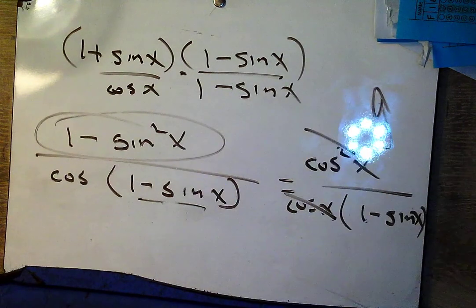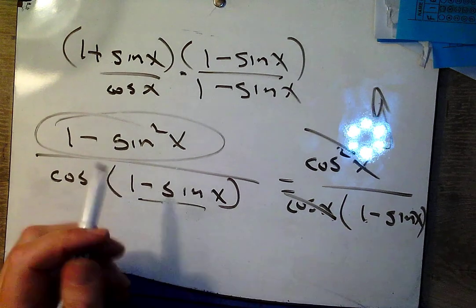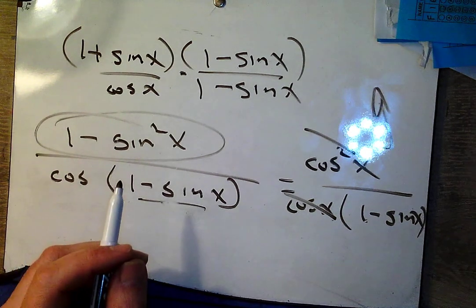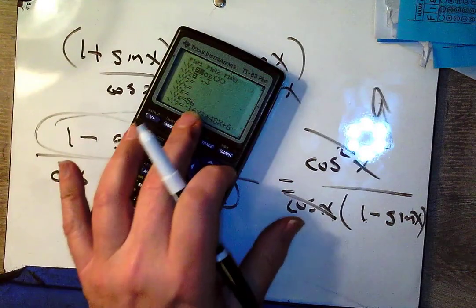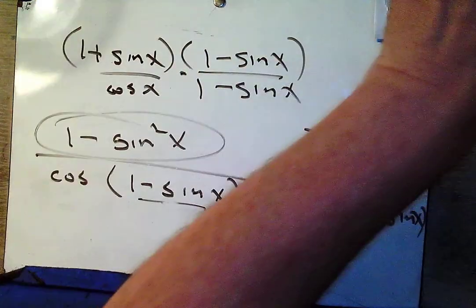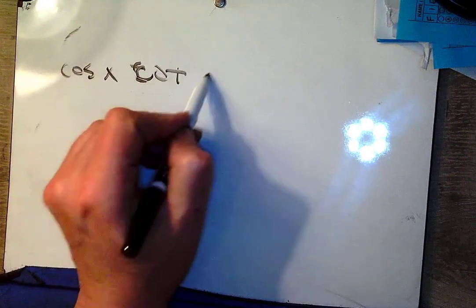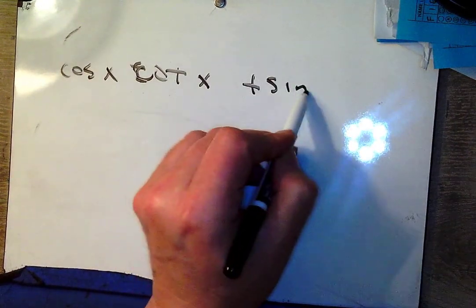There's a bunch of stuff here. So next, yeah, they would really like us to use our calculator and to explore. Have the calculator be that device that can, it's cotangent x plus sine x.